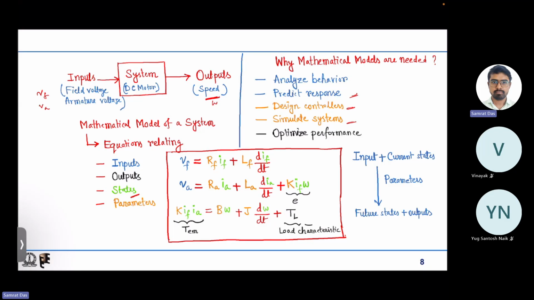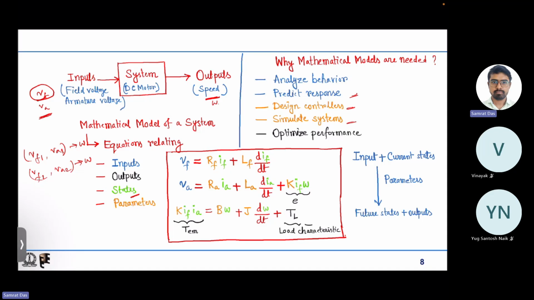But that is not the only way to do it. We can also reduce the field voltage, so say Vf1 comma Va1, that can lead us to the same speed. And we can have different combinations of inputs that lead to the same speed.